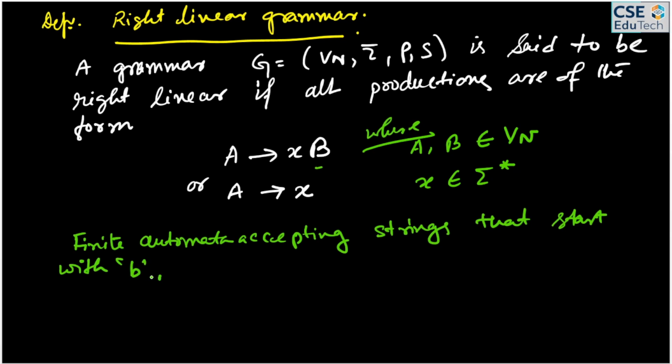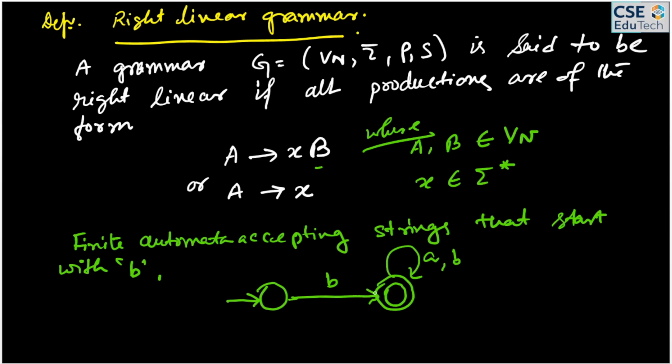So the diagram will be like that. From here, by taking B, starting with B, one B will be received, then there may be A or B, and this is the accepting state.